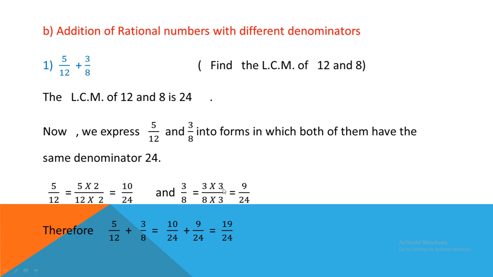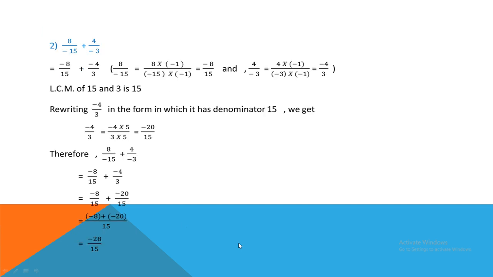So multiply the numerator also with 3. We get 9 by 24. Therefore, this can be expressed as the sum of 10 by 24 and 9 by 24. As the denominator is equal, we simply add numerators 10 and 9. You get 19 upon 24.